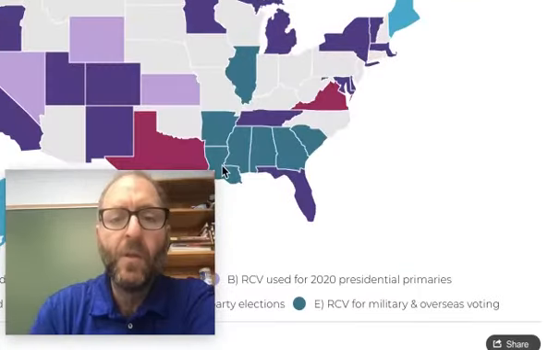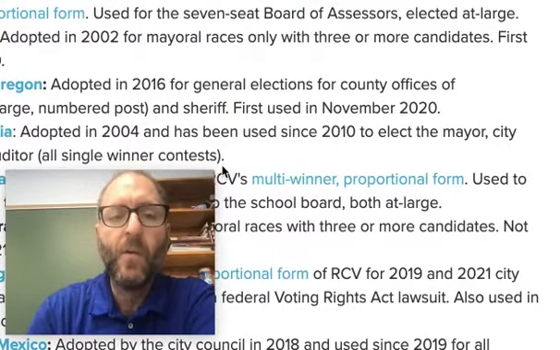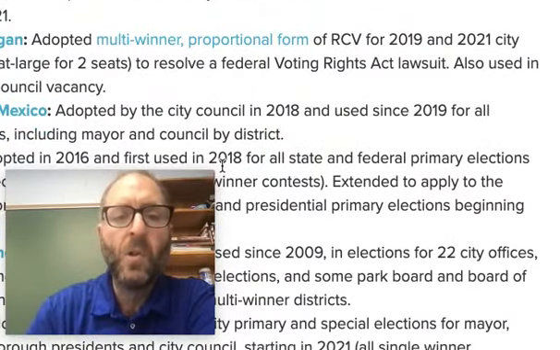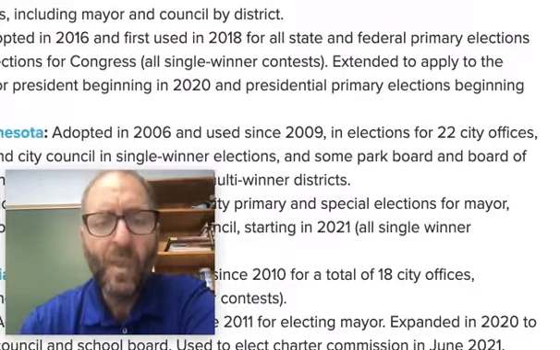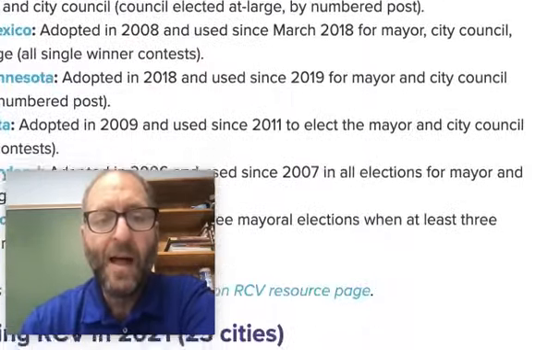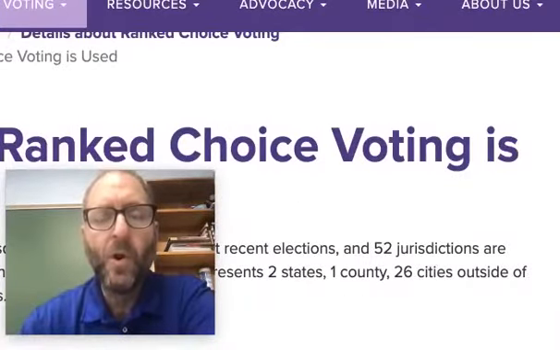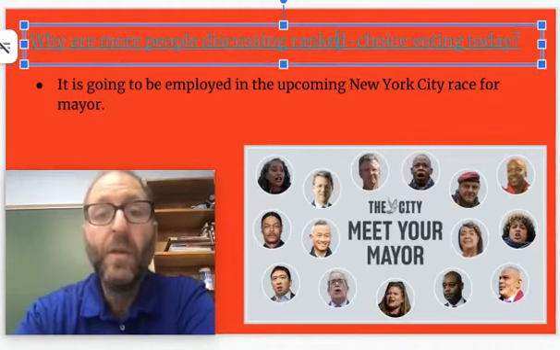If you look here, I know my picture is probably in front of it, but all of these places, Delaware, Colorado, Oregon, now again, only on the local level. I think the only place that has it on the state level is Maine, but you have a lot of different locations, and I think more and more people are going to be going to this ranked choice voting system.